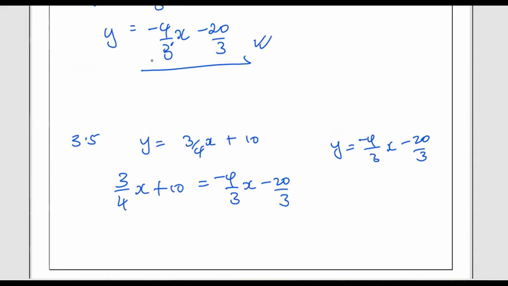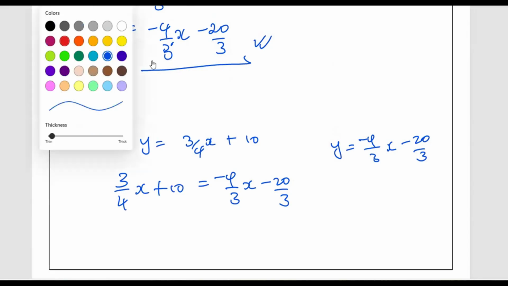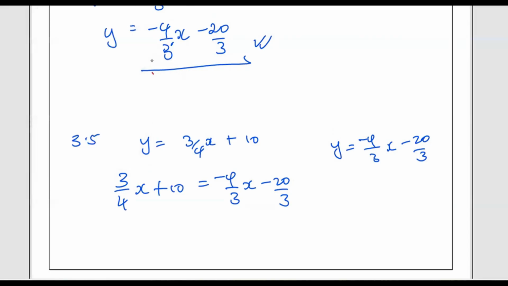So I'm going to multiply through by 12 because I want to get rid of the denominators. By 12, by 12, by 12, and then by 12. That gives me 9x plus 120 is equivalent to -16x minus 80.